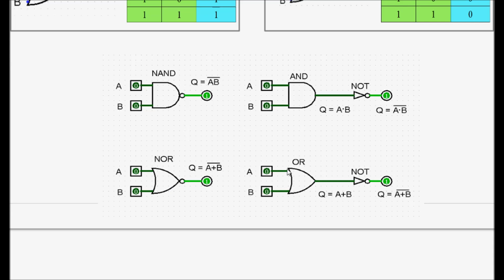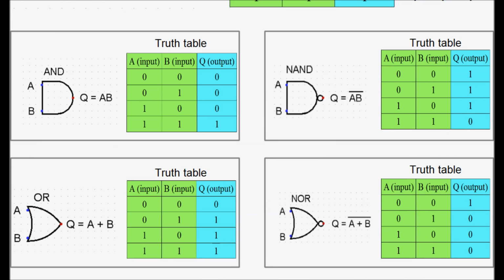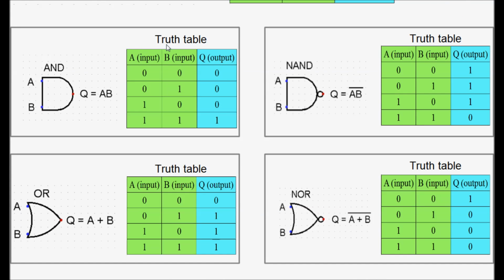So NOR gate is OR gate followed by an inverter. So if we remember the truth table for AND and OR gate, it is very simple to figure out and remember the truth table also for NAND and NOR gate.